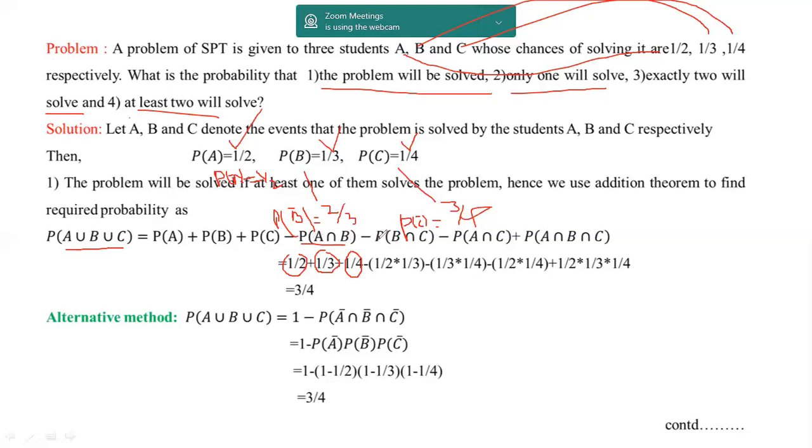Using the multiplication law, probability of A intersection B is equal to probability of A into probability of B, where probability of A is 1 by 2 and probability of B is 1 by 3.